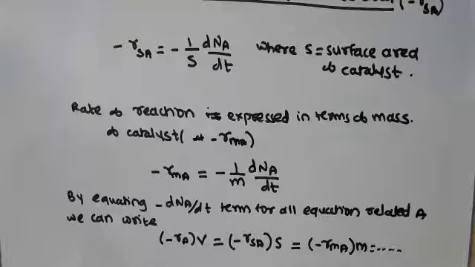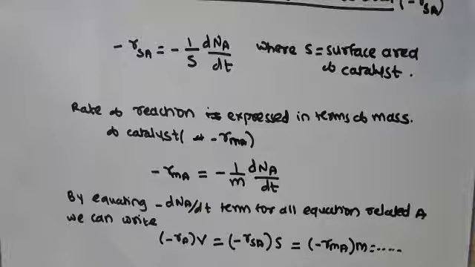So in today's session, we have tried to understand what is rate of reaction, how it is expressed if we are keeping track of change in concentration of reactant, and how it is expressed if we are keeping track of change in concentration of product.